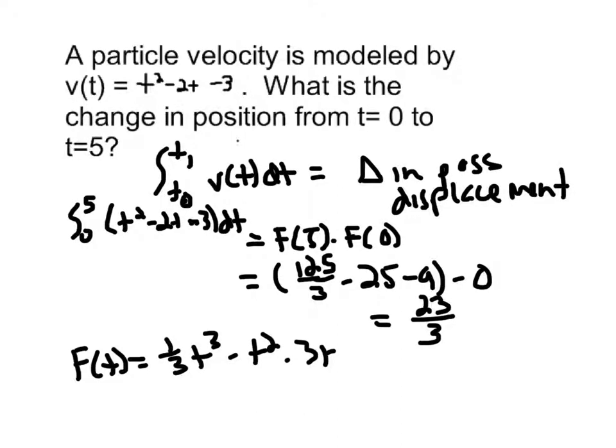Here's the solution. I integrated from 0 to 5 the velocity. I found my antiderivative and I plugged in, and I would get positive 23 over 3. This would not have units because there were not any units provided in the question.